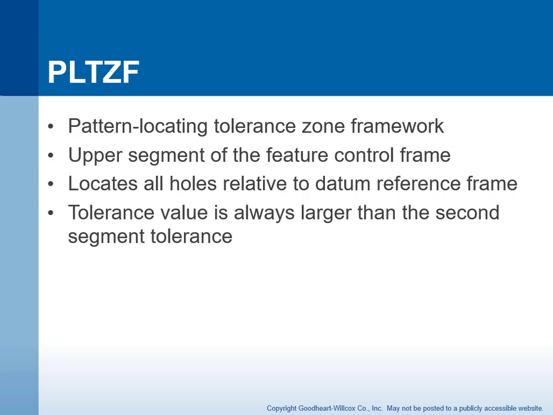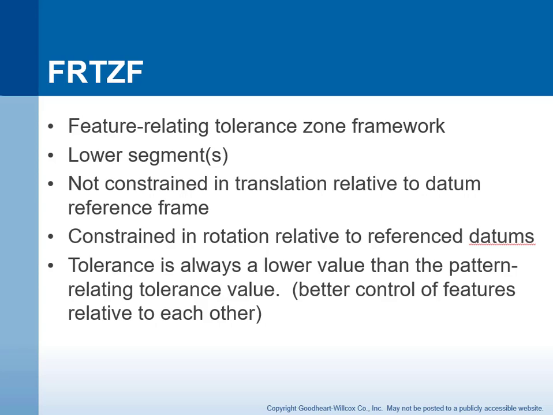Once that is the pattern locating, the other one, the lower one, is typically called the feature locating tolerance zone framework. That is the lower segment of the composite position tolerance. It is not constrained in translation relative to the datum reference frame.